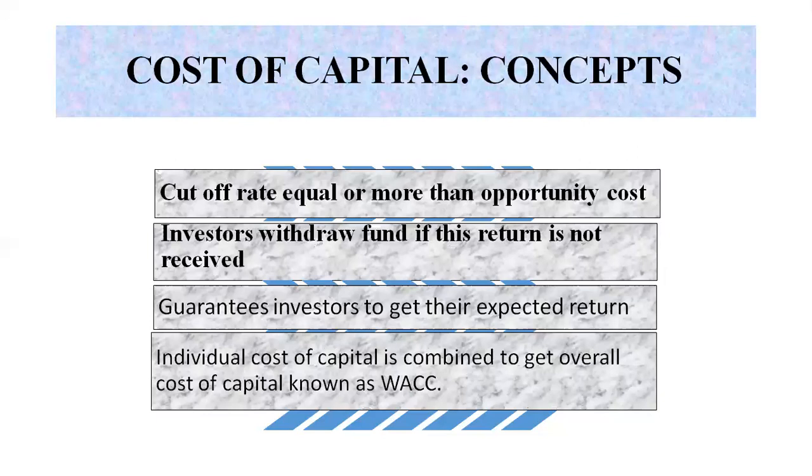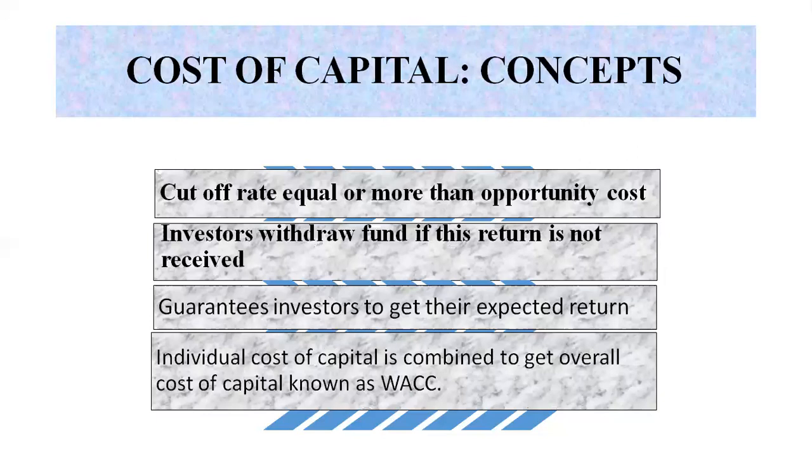This minimum rate of return will vary from one particular source to another. It will depend upon the risk factor. If we consider the difference between borrowed capital, preferred share capital, and equity share capital on the basis of risk, then we will observe that borrowed capital has the lowest risk among these three.